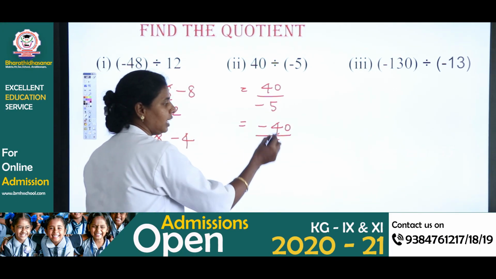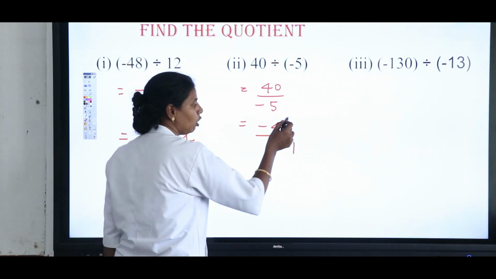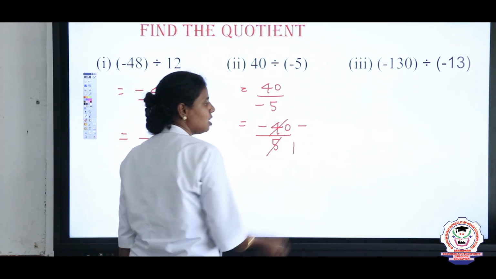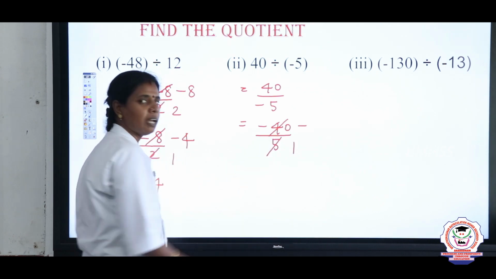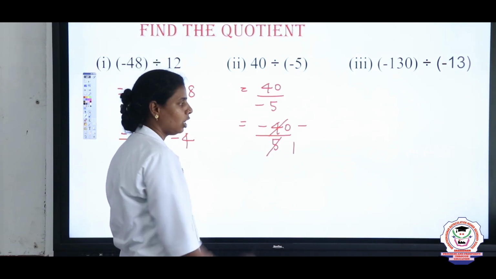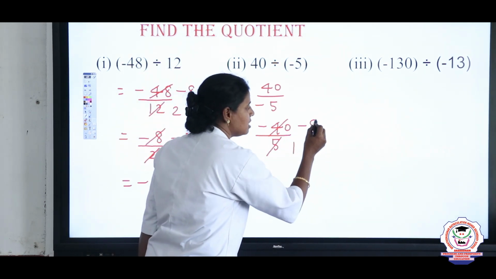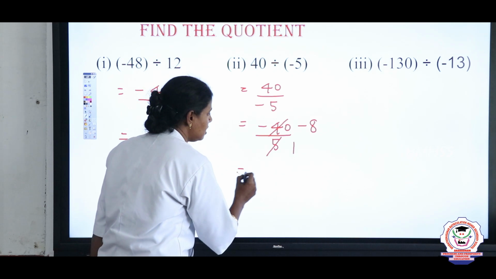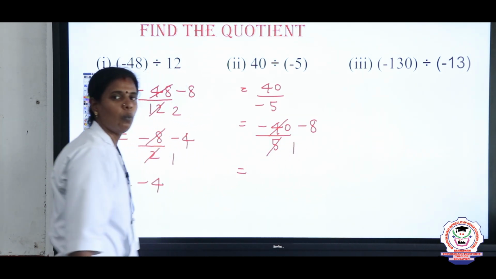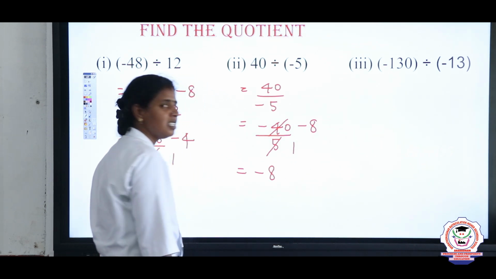So, we can use 5 table to cancel here. 5 1 time, and 40 is a negative integer. So, minus, how many times can 40 be cancelled in 5 table? Yes, 5 8s are 40. So, the answer is minus 8 by 1. We can write minus 8 by 1 as minus 8.